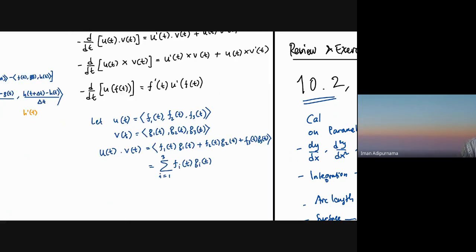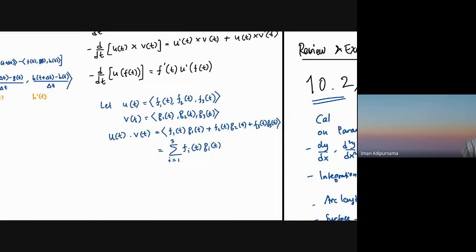So this is the dot product. When you find the first derivative of this dot product, you are finding the first derivative of the sum.